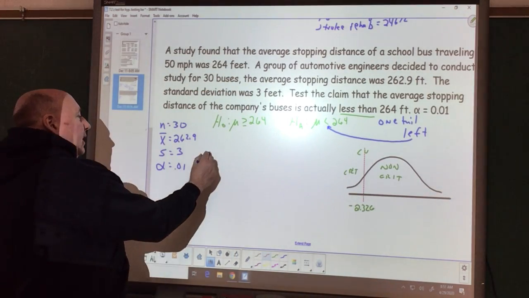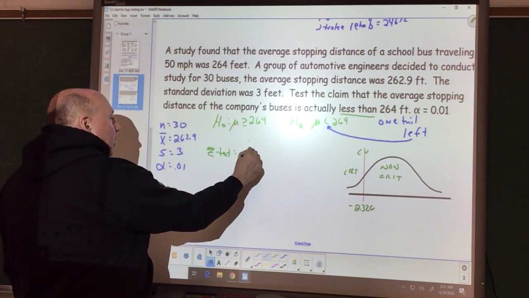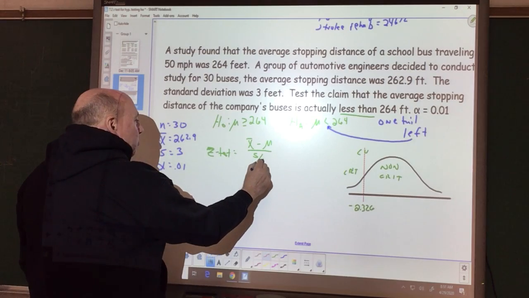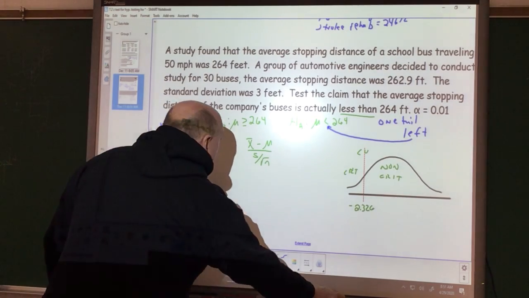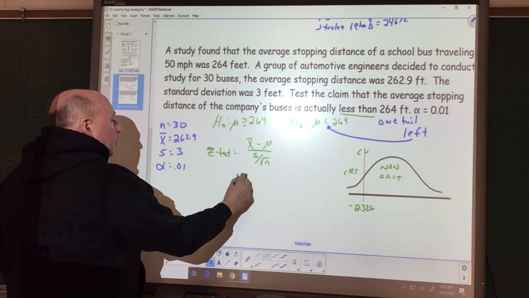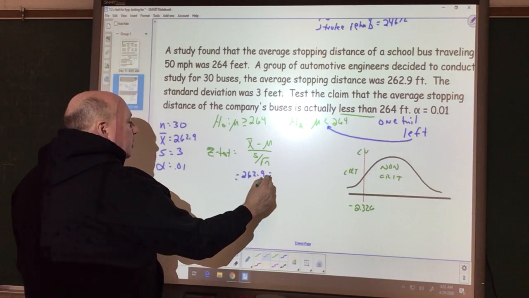So we do our z-test now. X bar minus mu divided by standard deviation over square root of n. Our x bar is 262.9. Our mu is 264.